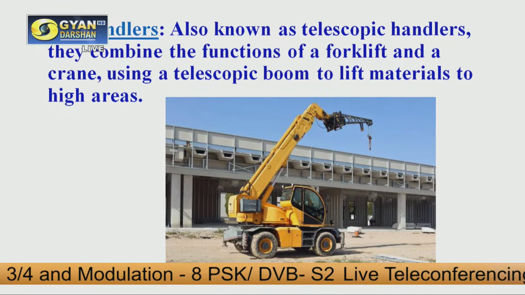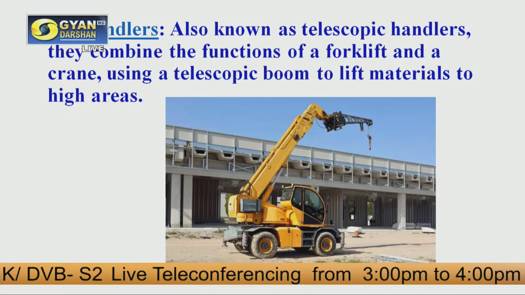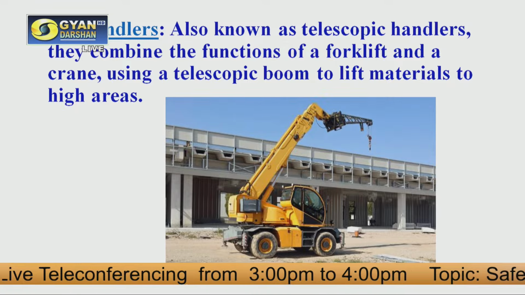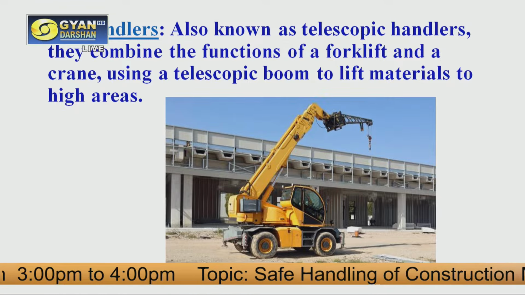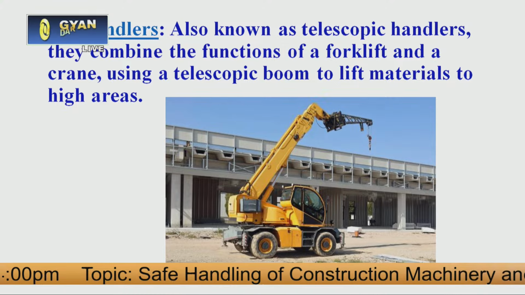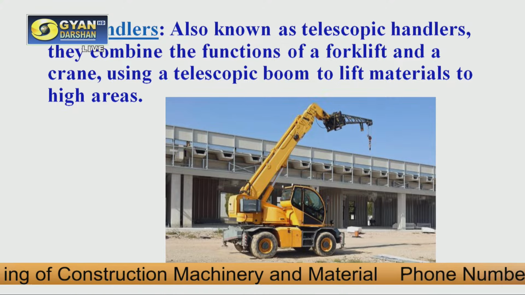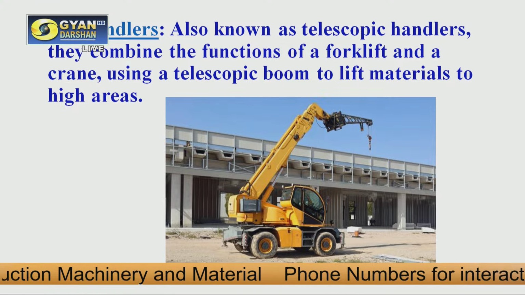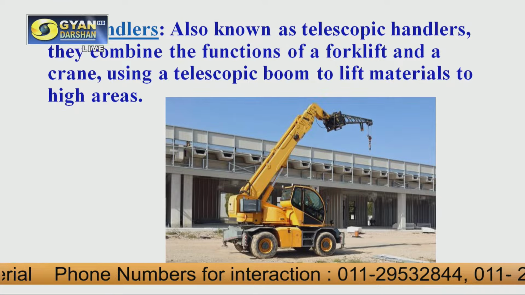Then another type of equipment or machine is the telehandler. This machine is also known as a telescopic handler, and it combines the function of a forklift and a crane, using a telescopic boom to lift the material to the high-rise area.